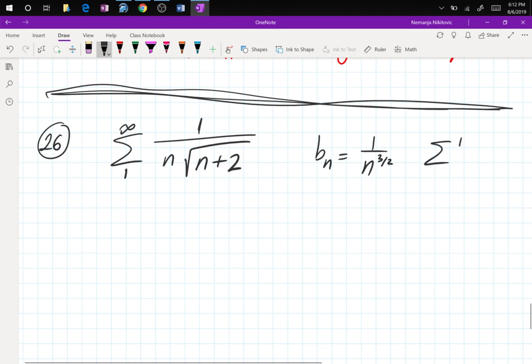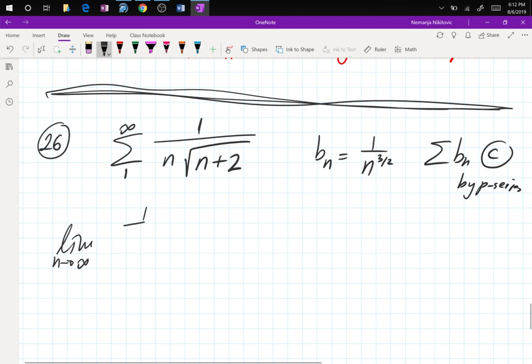Now the summation of Bn would be convergent by P series. So if that's the case, we can work on either direct or limit. Let's do the limit because limit works most of the time.